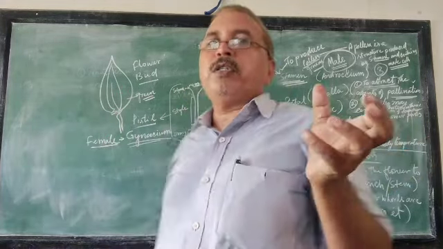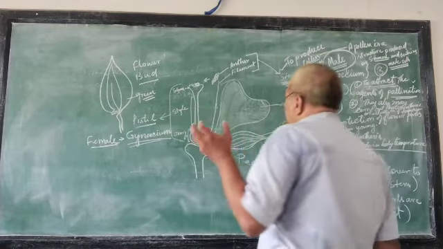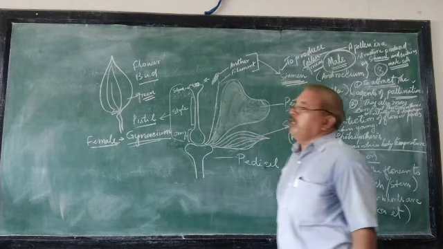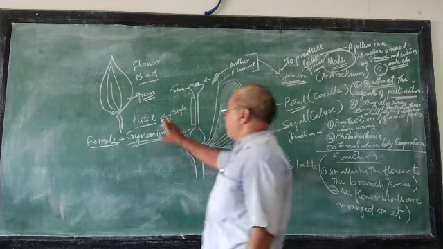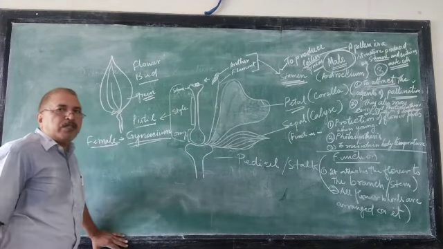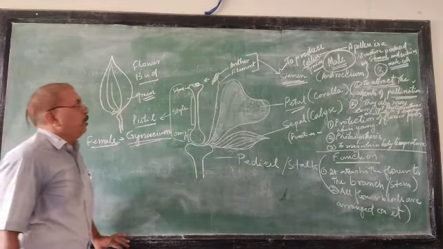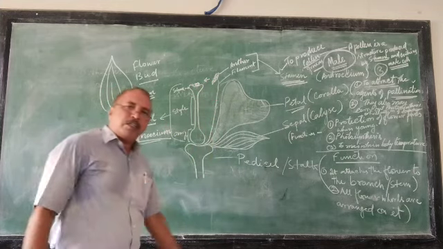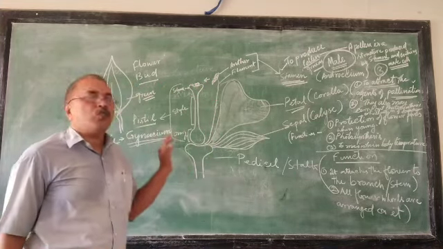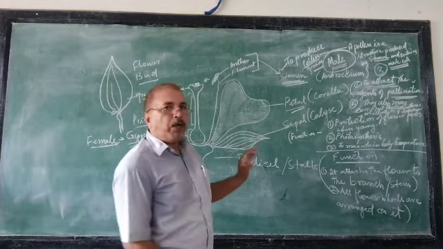That is one important point. Before that, I must tell you the function of the gynoecium or the pistil. The function is to receive the pollen grains, right, from the anther. This is the main function. Clear? So by now you know the functions of different parts of the flower.